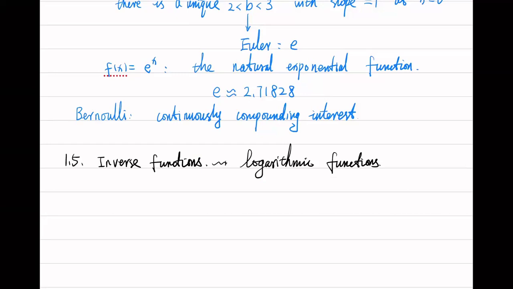Okay, so previously we have the vertical line test. We want to determine if the graph is a function or not. Now we have the horizontal line test.